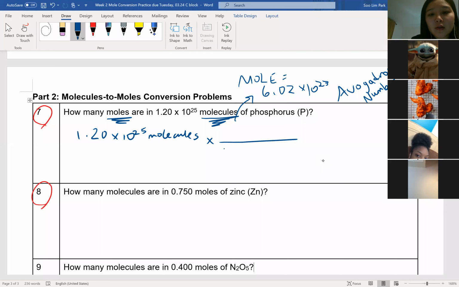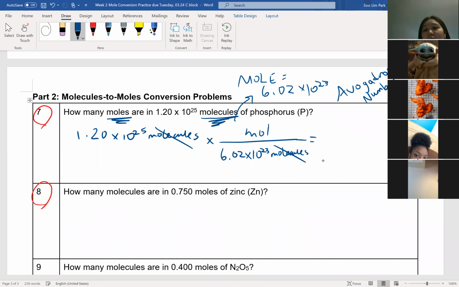Because we need to now divide by the Avogadro's number. Mole. So molecules cancel out. So when we plug this into the calculator, make sure you put your Avogadro's number in parentheses, because if you don't, it's gonna mess up the calculation.